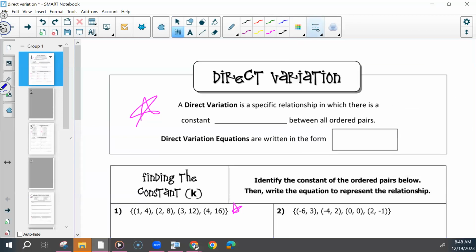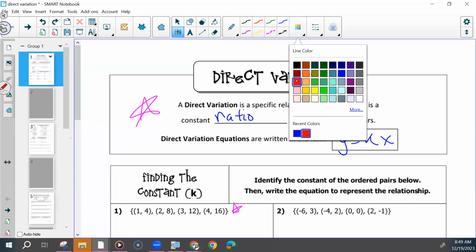Alright, so some vocab before we start. A direct variation is a specific relationship in which there is a constant ratio between all ordered pairs. Direct variation equations are written in the form y equals kx. So the ratio that they're talking about is how we find the k value, the constant.